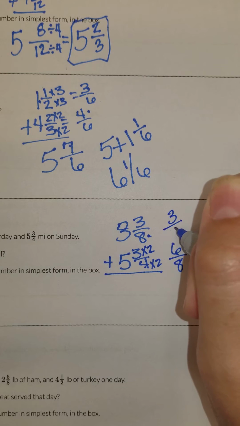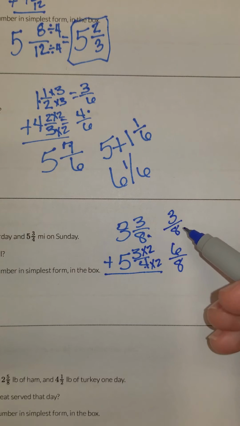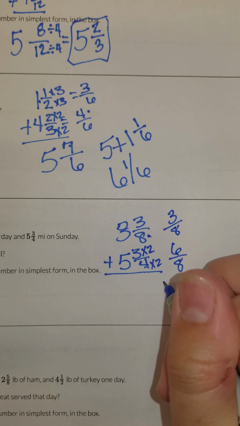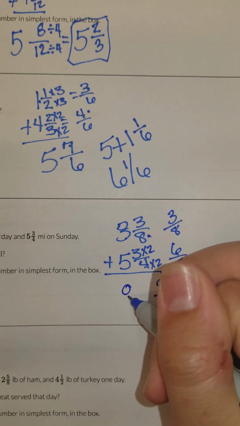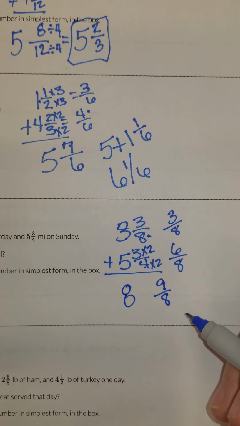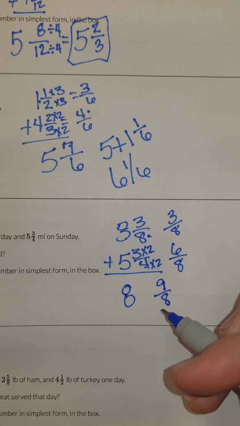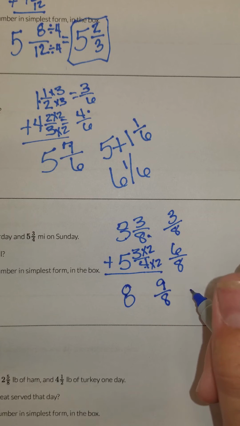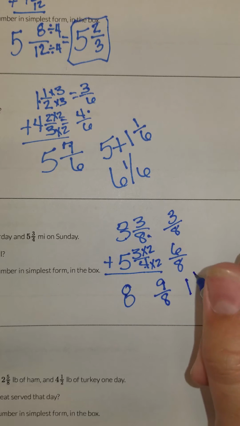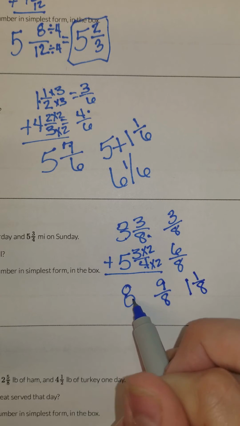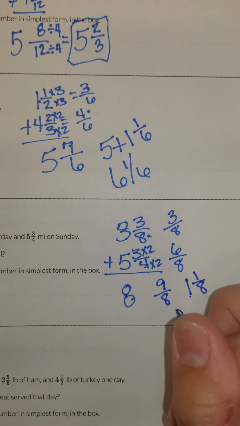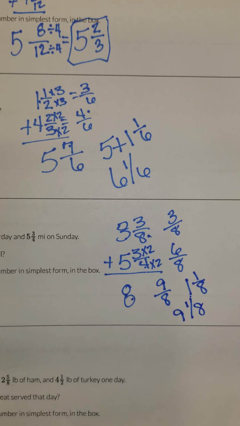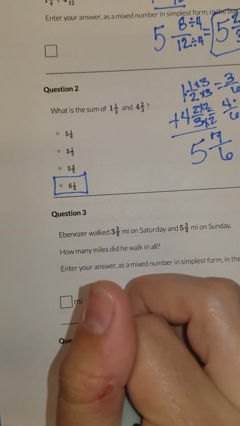And I'm just going to rewrite this one. So now I'm going to add 3 plus 6 gives me 9. And 3 plus 5 gives me 8. So I can change 9/8 to a mixed number by saying 8 can go into 9 one time with 1 left over. So now I can just add 8 plus 1 and 1/8. So 8 plus 1 is 9. And the 1/8 just hangs around.